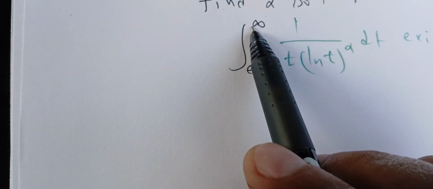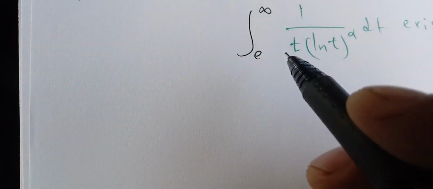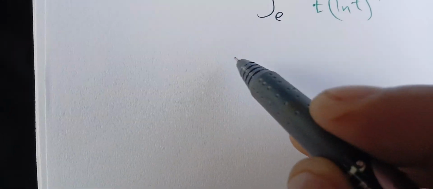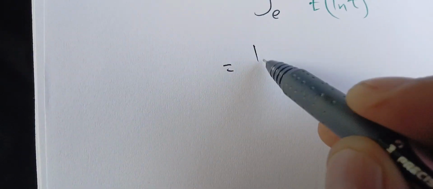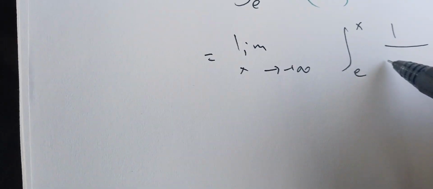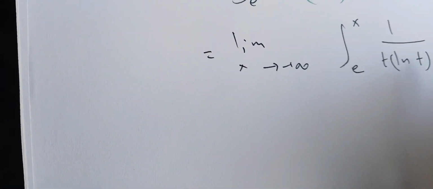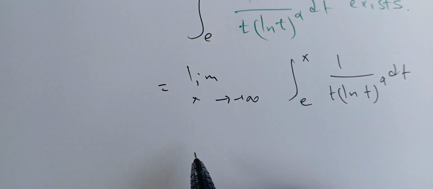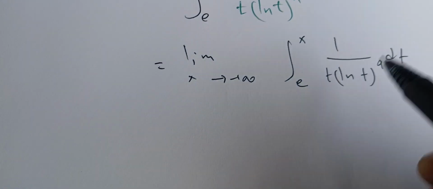The only issue is we have this infinity. Therefore, we can define this one as the limit as x goes to infinity of the integral from e to x of 1 over t ln of t to alpha dt.